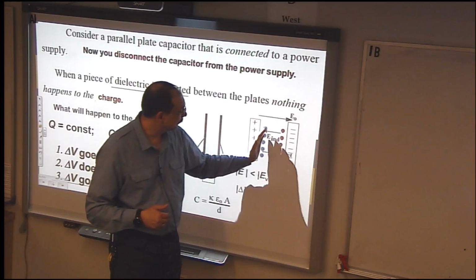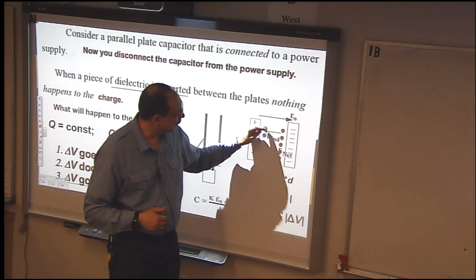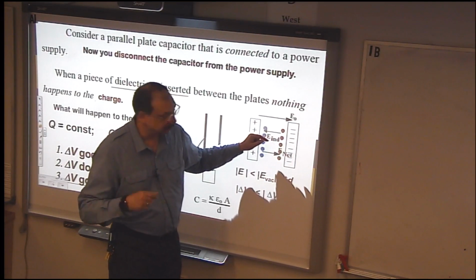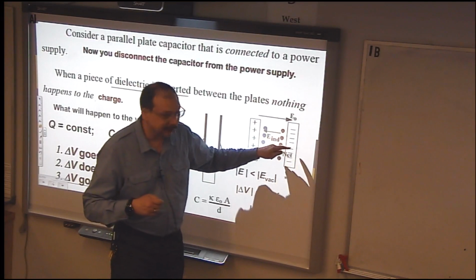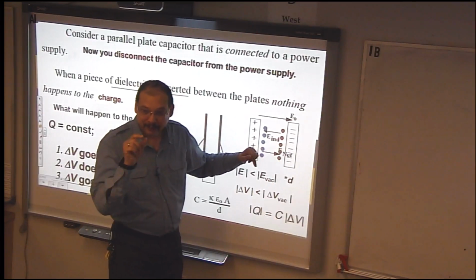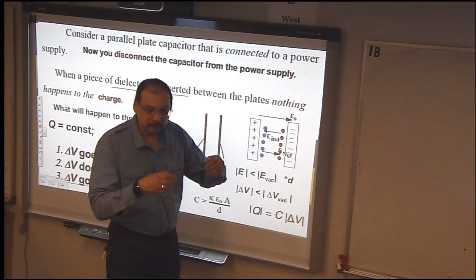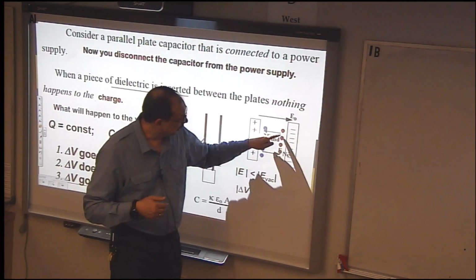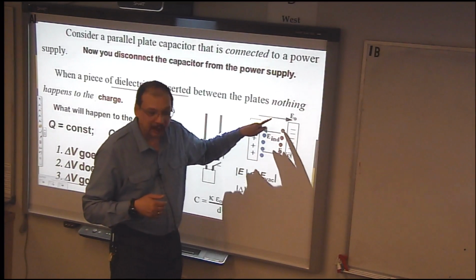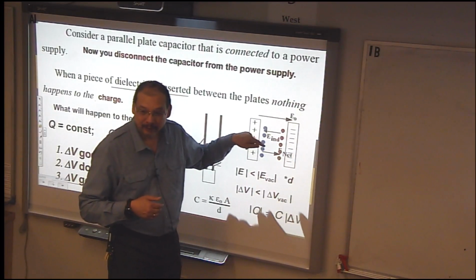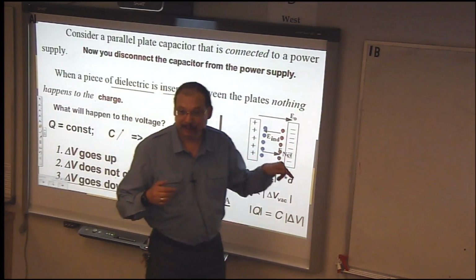Close to the positive plate, we have a thin layer of negative charges. Close to the negative plate of the capacitor, we have a thin layer of positive charges. But those layers also create an electric field, and that electric field always will be opposite to the external. So the actual net electric field is always less than before we inserted the dielectric.